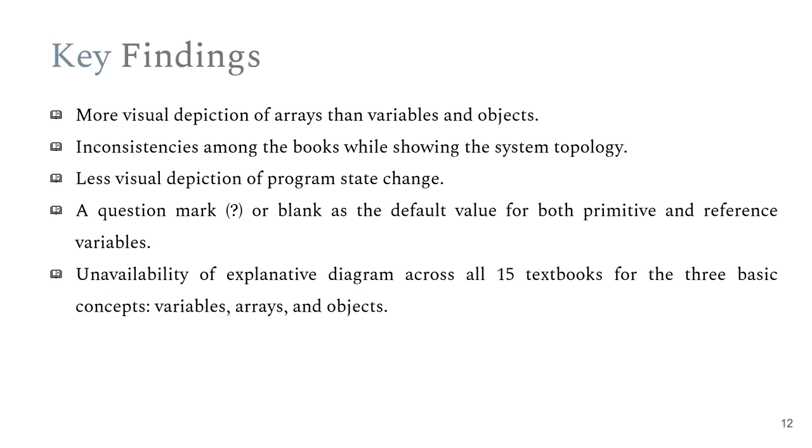After analyzing all of the 15 books' diagrams, we can conclude that none of the books' diagrams possess the 2 key features, system topology and component behavior, thus losing their opportunity in helping students build a runnable mental model of these basic concepts.